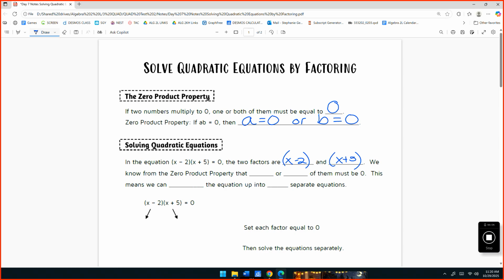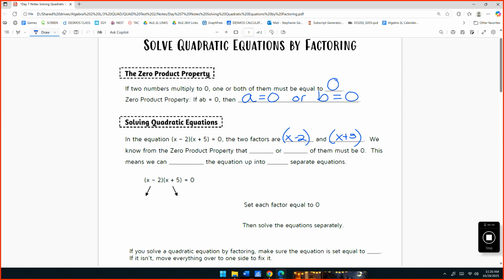And we know from the zero product property that one or both of them must be 0. So we use that to solve.